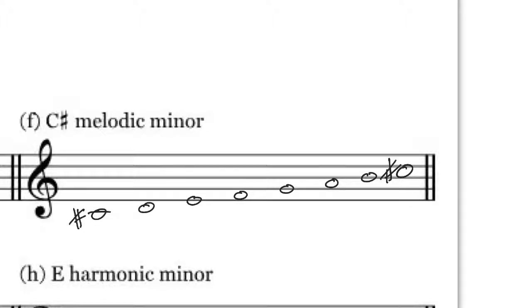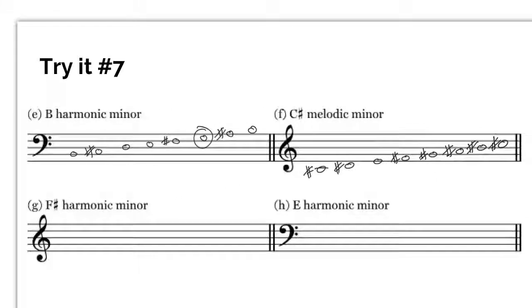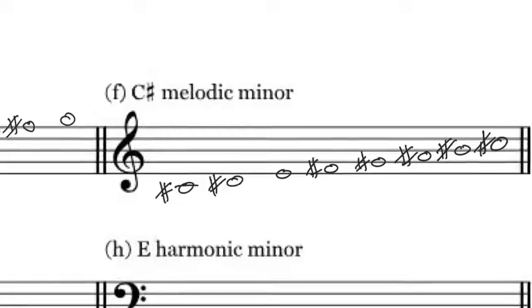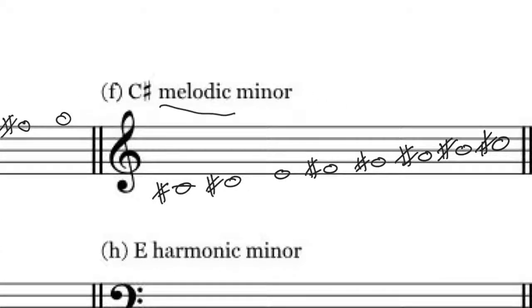We have a C sharp, a D sharp, and an E. We need an F sharp as well, and we also need a G sharp, and then an A sharp. Then to raise our 7th scale degree, we need to add a sharp to the B. And by the way, we were in melodic minor there.